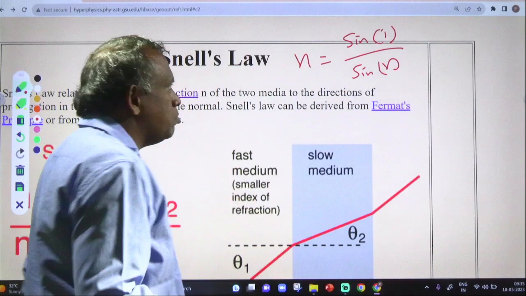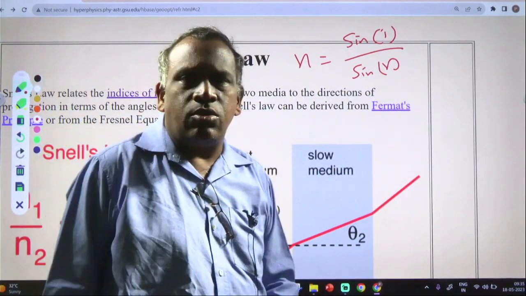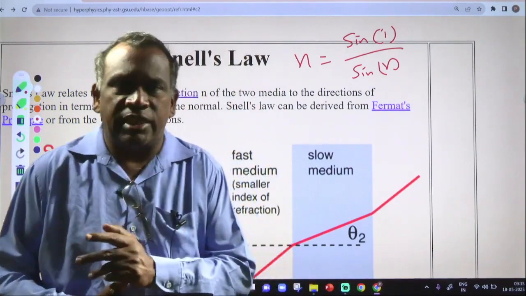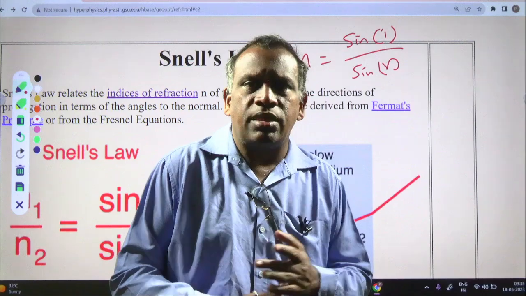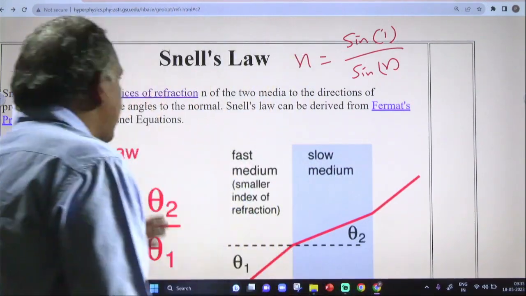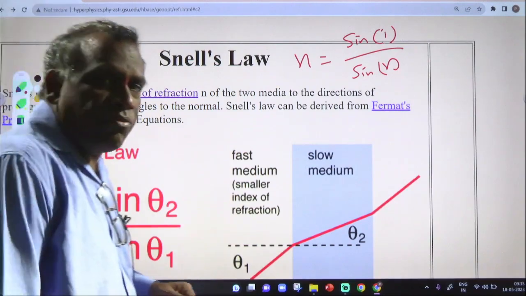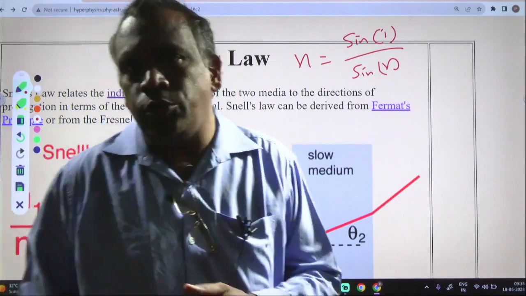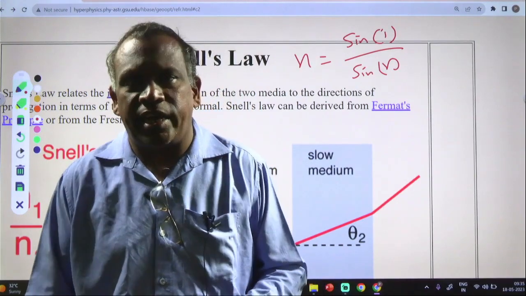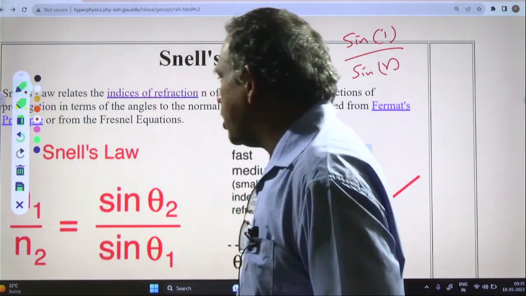Sine i means the sine of the angle of incidence. Sine r is nothing but the sine of the angle of refraction. n is the refractive index. Refractive index has no units and no dimensional formula. It is a constant in light. You have to remember that point also.